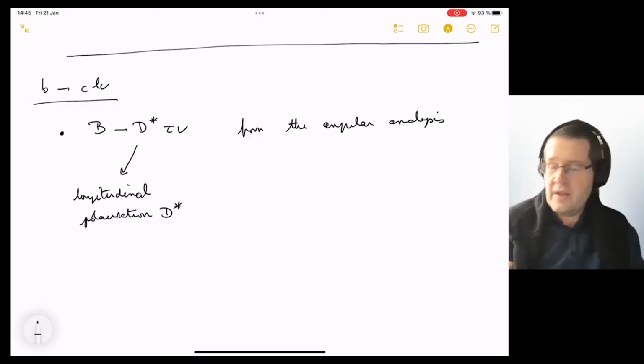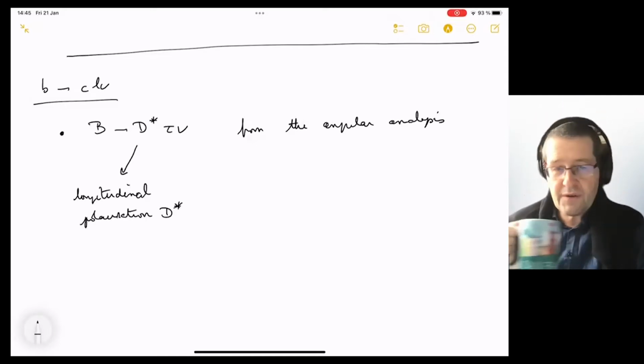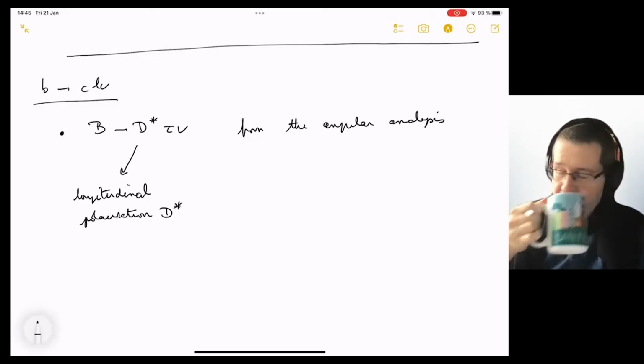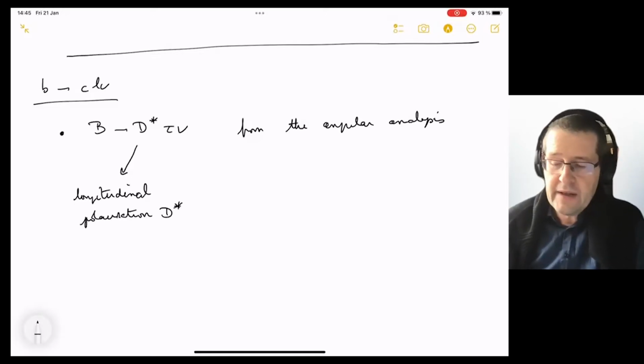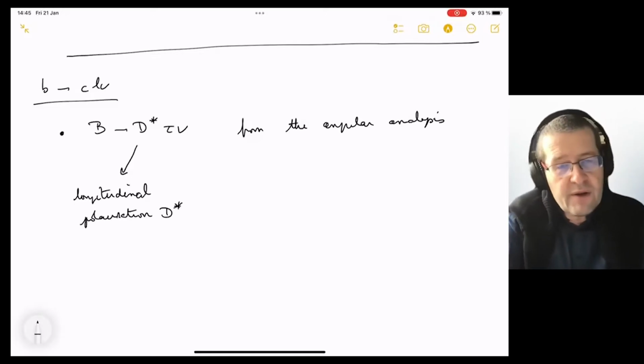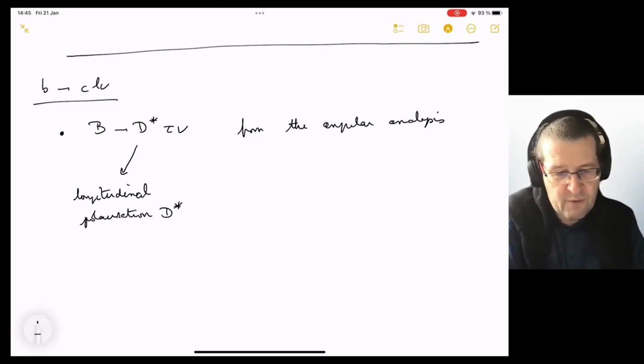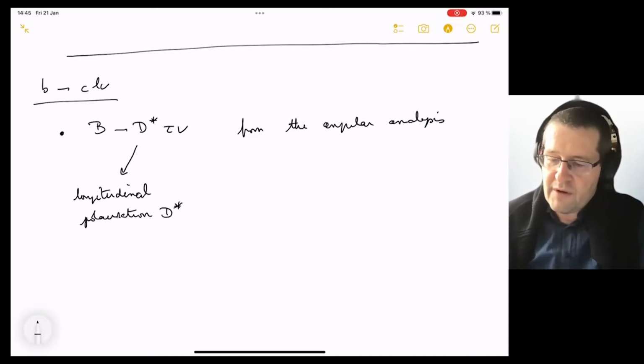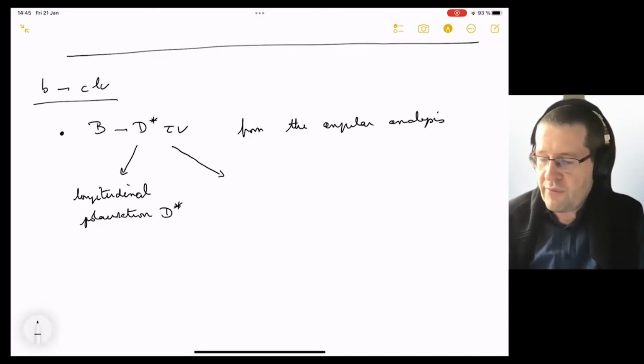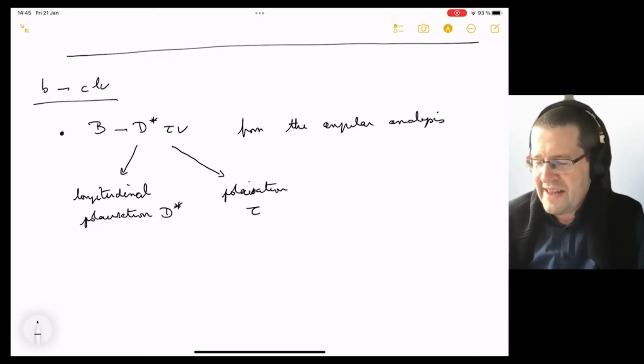In principle, you have 3 different polarizations available for D star, and then you can look at how easily you produce a longitudinally polarized D star compared to the other polarizations, and you can also look at the polarization of the tau lepton.